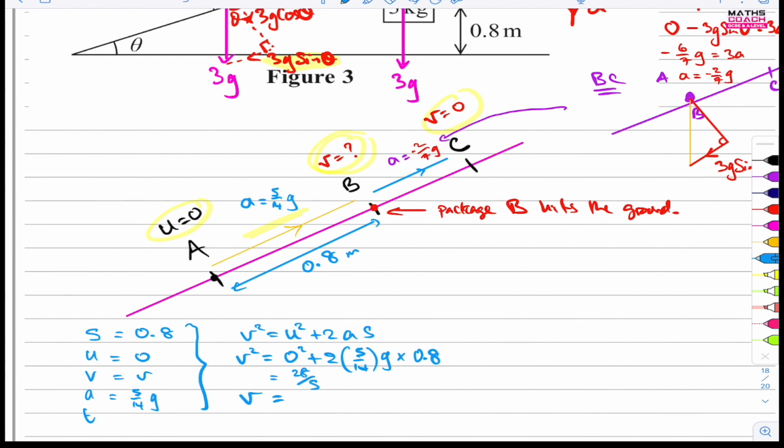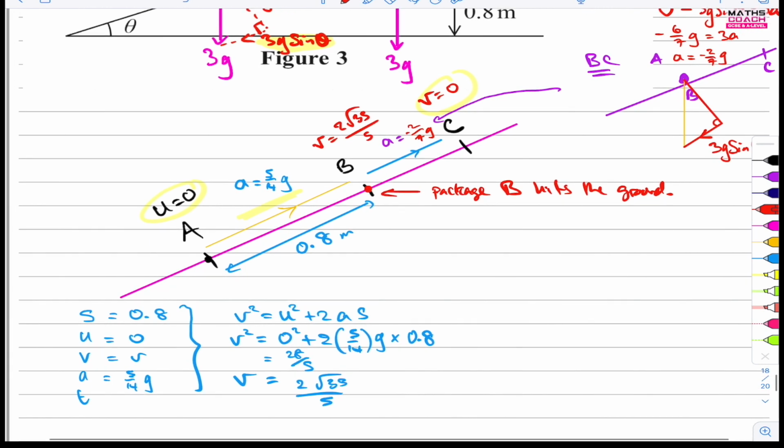Root that, I get 2 root 35 over 5 as our speed v. So if we go back to our diagram, the speed here is therefore 2 root 35 over 5. So this was going from A to B.